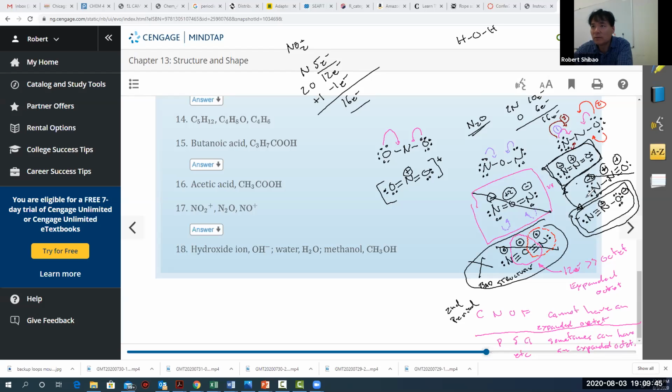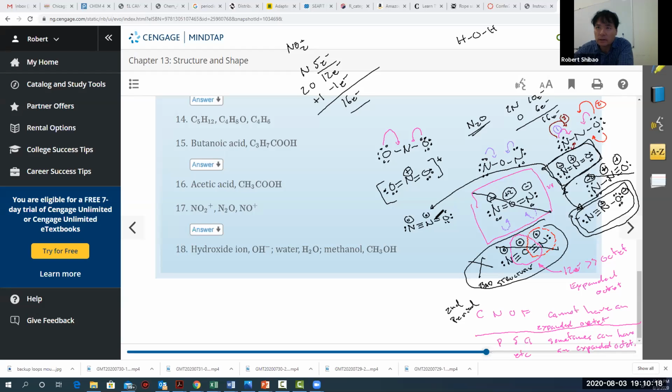We can't get them any lower than this without making another bond. If we make another bond here, then nitrogen is going to have too much. For example, one way to get rid of the formal charge is to have nitrogen donate some of that excess electron density. In other words, donate an electron to this nitrogen, which came out short. So this nitrogen came out ahead, this nitrogen came out short. And so we end up with a structure like this. You might think this structure is good because everybody ends up with a zero formal charge.